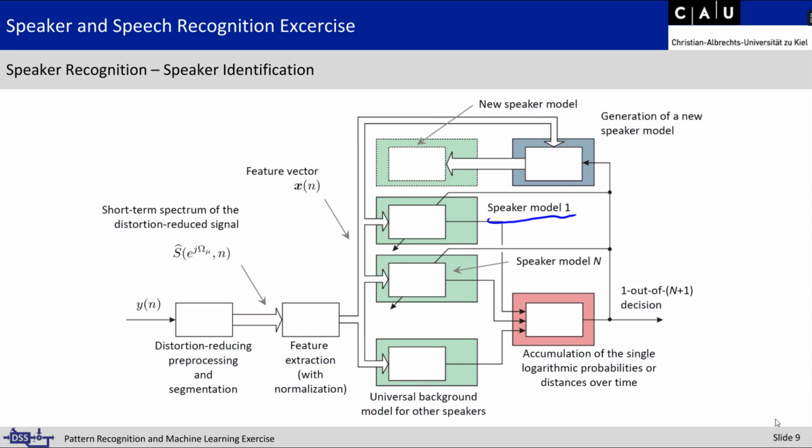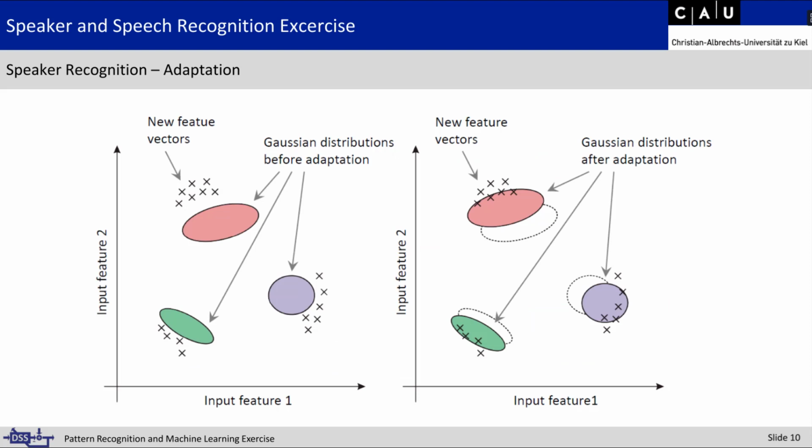This process is called adaptation, and if you look at this picture, we can pretty much see what the problem is. We have trained a model on the left side, and it fits okay-ish, but in the time we use that model, we get new feature vectors, and we want to adapt to those.